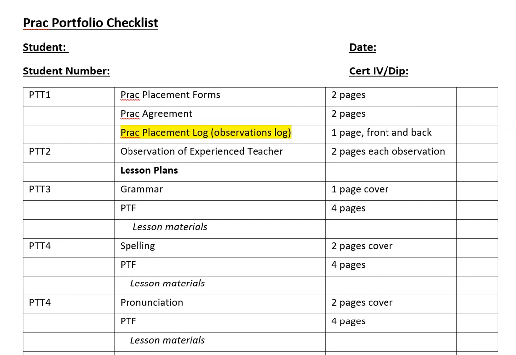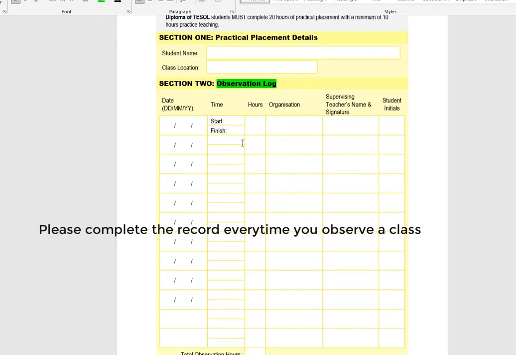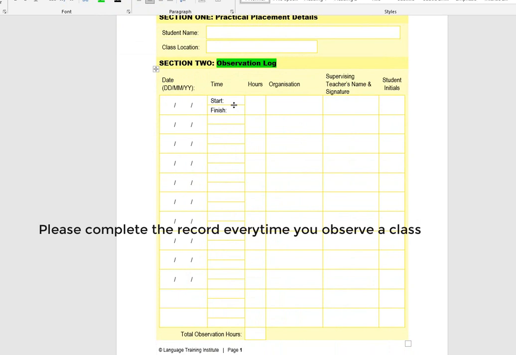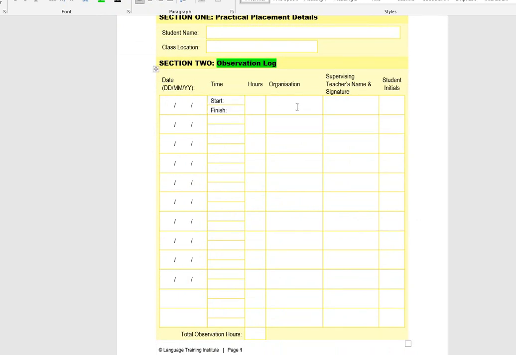The practical observation placement log shows us the times that you observed a class. So please be sure to fill in the dates, the times, and where you're completing your observations.